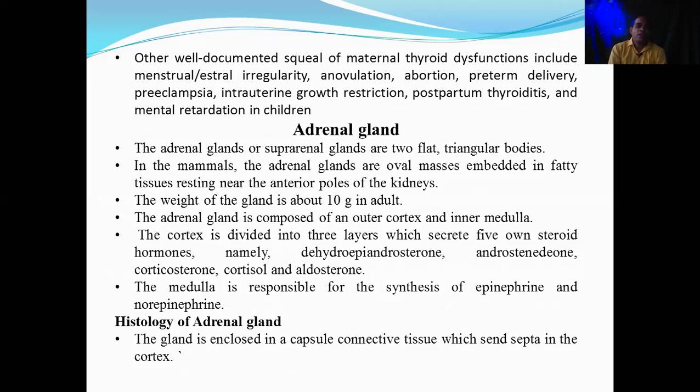The adrenal glands, or suprarenal glands, are two flat triangular bodies. In mammals, the adrenal glands are oval masses embedded in fatty tissue resting near the anterior poles of the kidney. The weight of the gland is about 10 grams in adults. The adrenal gland is composed of an outer cortex and an inner medulla.